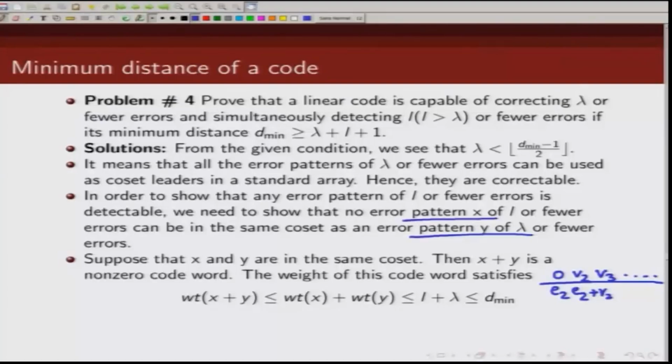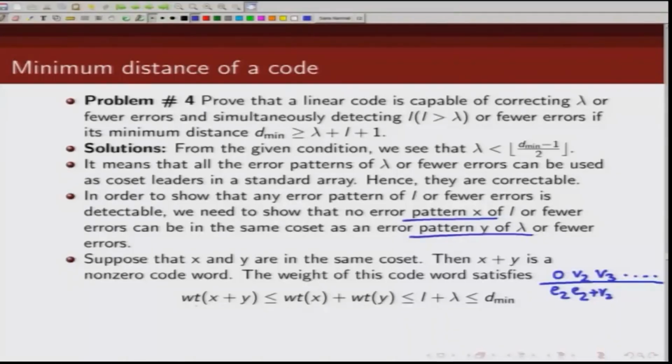And what is weight of x? X is the error pattern of weight L or less. So, the maximum weight of x is L. Similarly, maximum weight of y is lambda. So, weight of x plus y is then less than or equal to lambda plus L. And what is the minimum distance? Minimum distance of the code is at least lambda plus L plus 1.